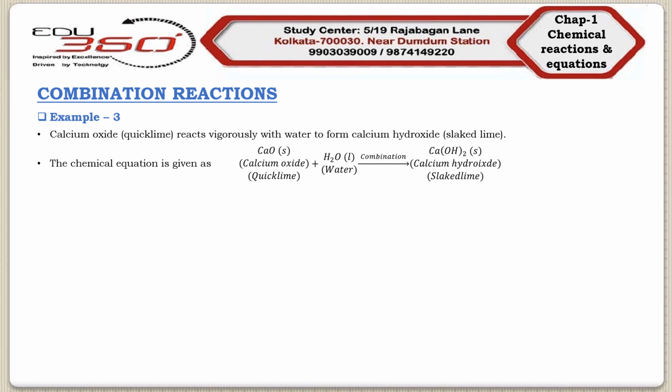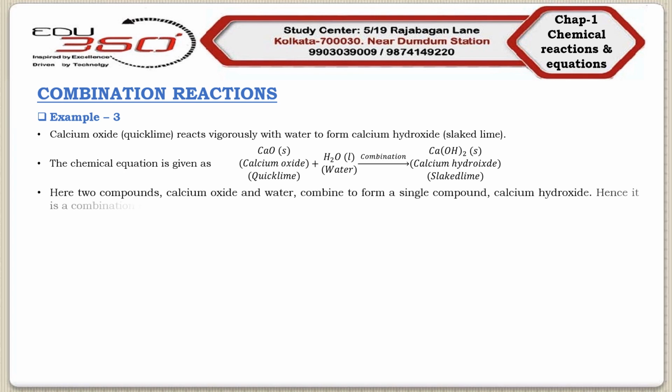So from this reaction, we can say that two compounds, calcium oxide and water, combine to form a single compound, calcium hydroxide. So it is an example of a combination reaction. Now you will find that a large amount of heat is released during this reaction.